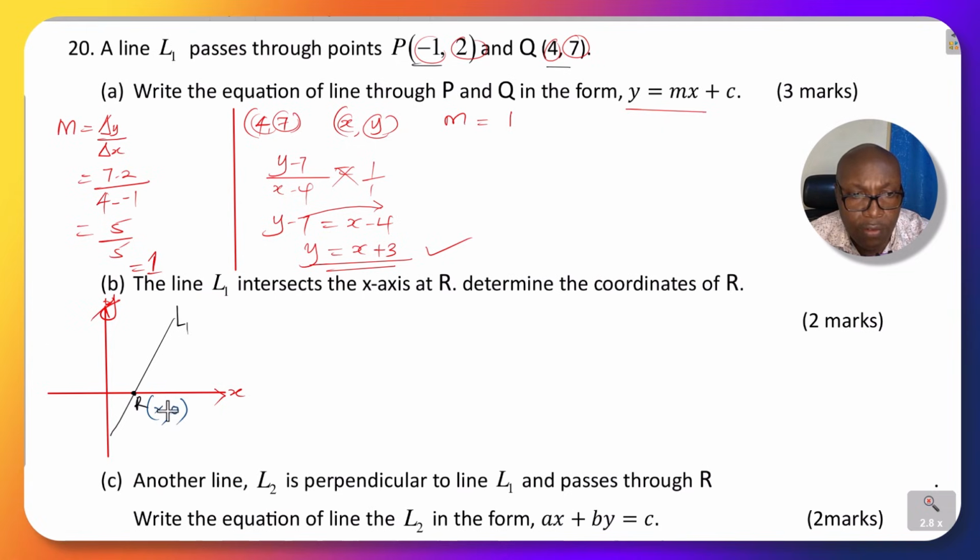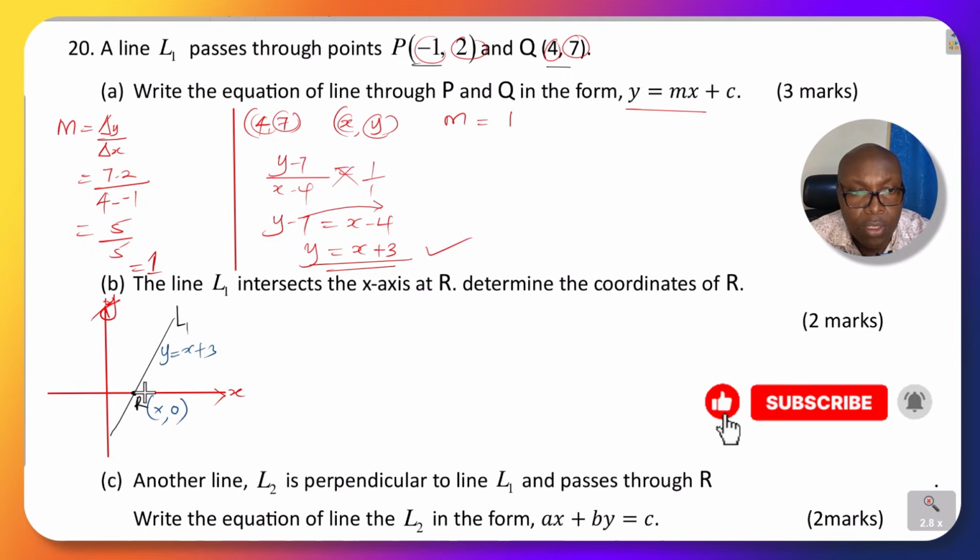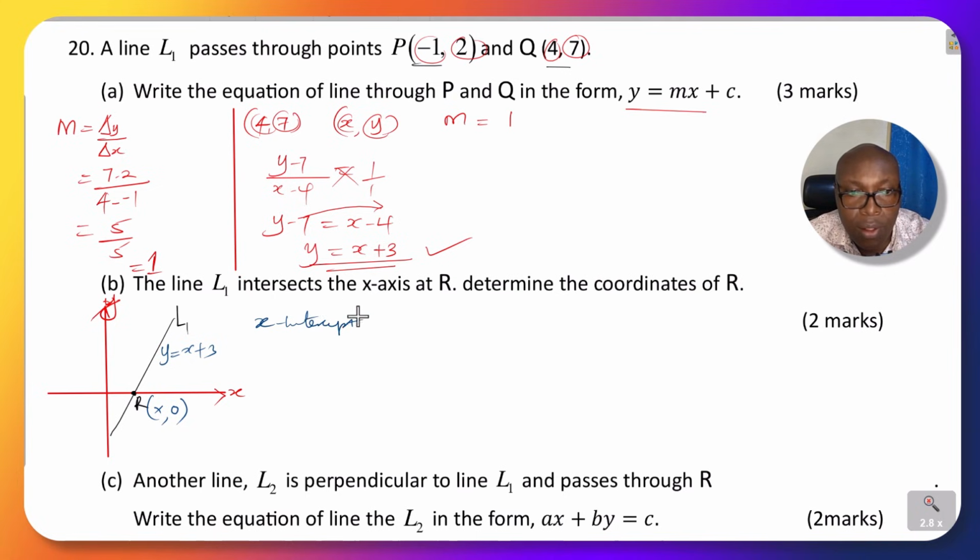Now we don't have the x coordinate, and we can get that by using the equation of this line, which is y = x + 3, and finding the point where that line intersects the x-axis. In simple terms, you're required to get the x-intercept of that line, and at the x-intercept, where line 1 cuts the x-axis, the y coordinate is 0.